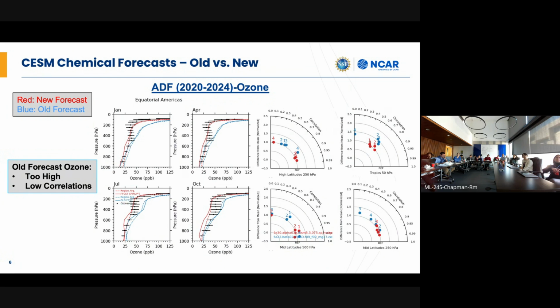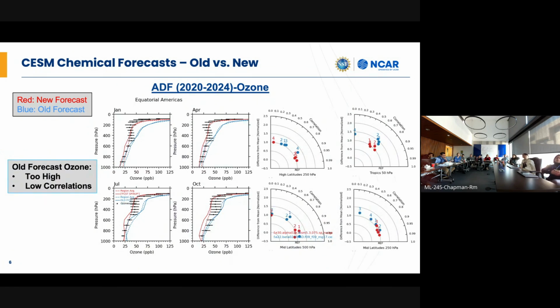The general take-home message there is that in our older forecast, our ozone is too high. We knew about this, and I've gotten emails from people who have complained about it in the past. But our new configuration with CESM3 actually looks a lot better.